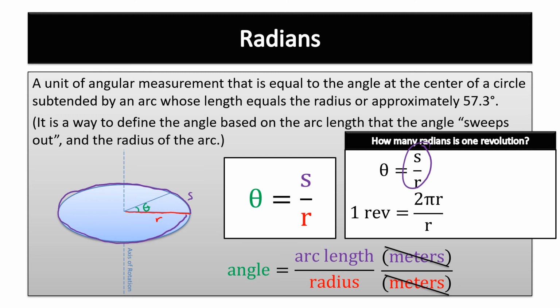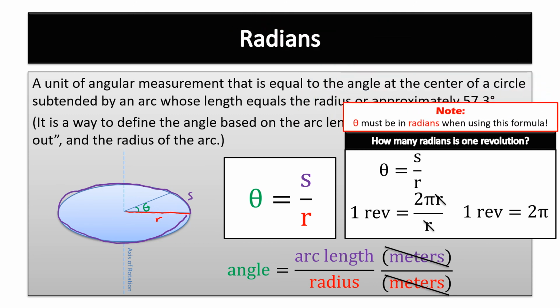Then following the formula, we have the circumference, the arc length, divided by the radius. The radius cancels out, and by definition, using our arc length formula, we see that 1 revolution is equal to 2 pi radians. So that's kind of where the 2 pi comes from, in a nutshell.